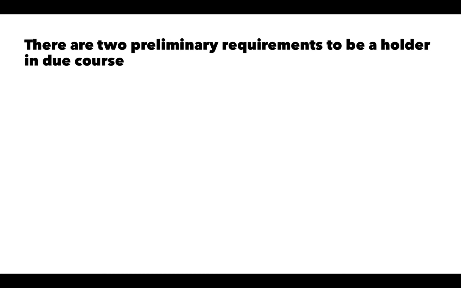Now, there are two preliminary requirements to be a holder in due course. How do we become a holder in due course? Because that's what every holder wants to be, right? A holder in due course takes the instrument free of any claims against it. So we start with this idea the instrument must be negotiable. It must meet those standards of negotiability that we discussed before.